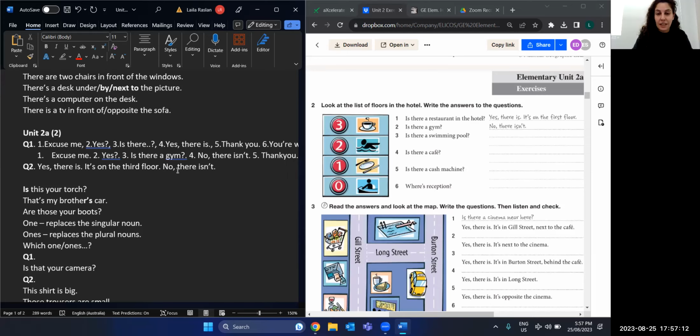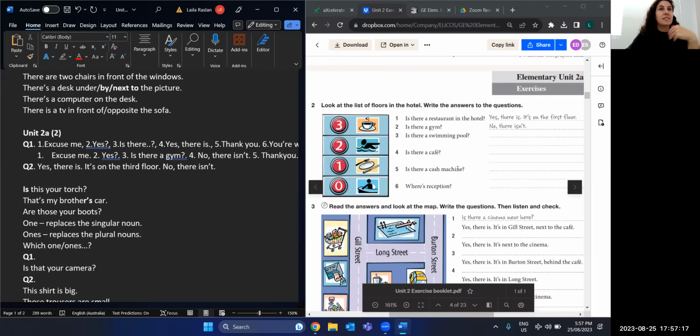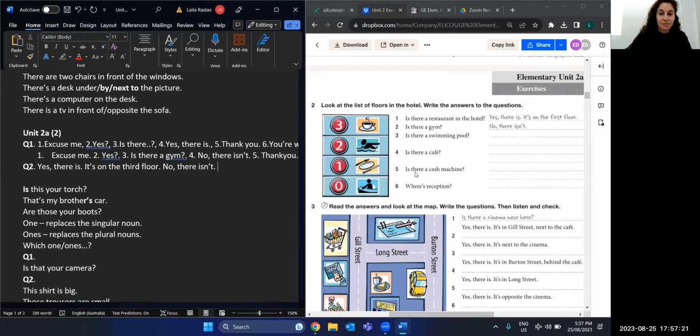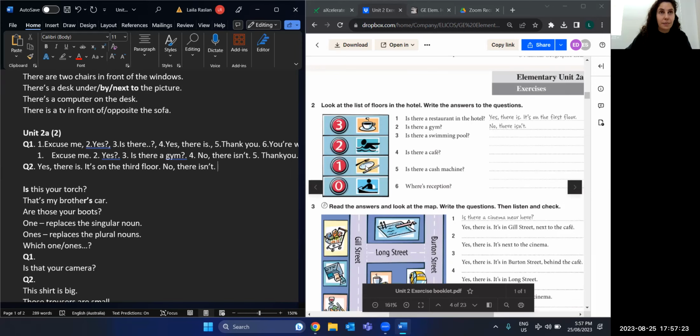On the ground floor. For the cash machine, you want to say no, there isn't, but a cash machine is where you take money from your card.